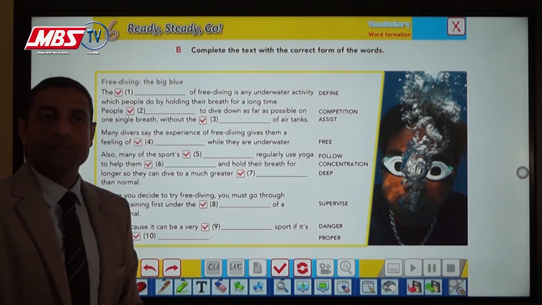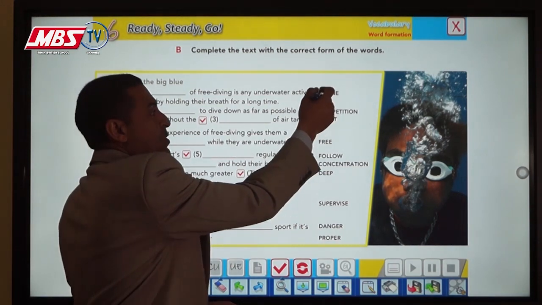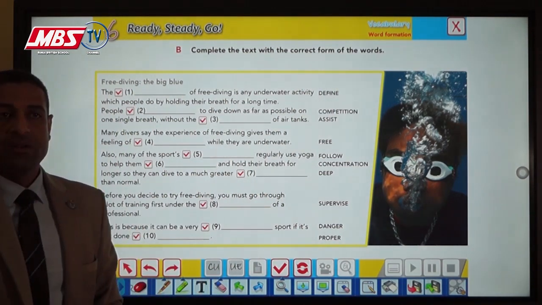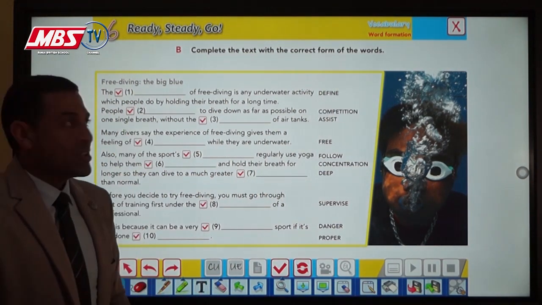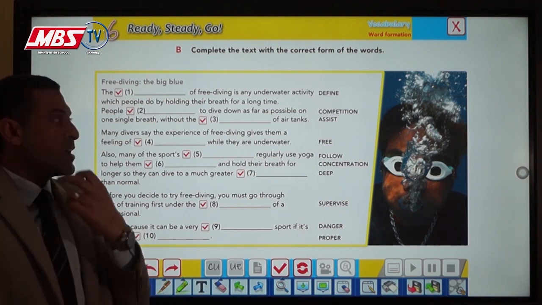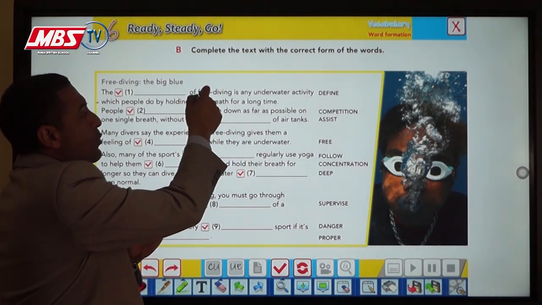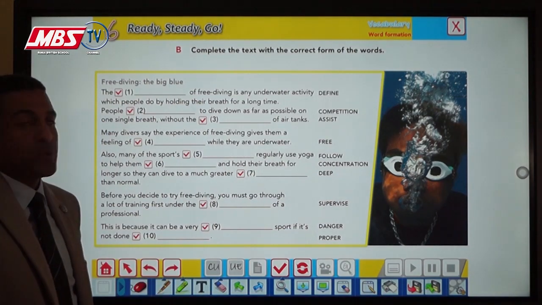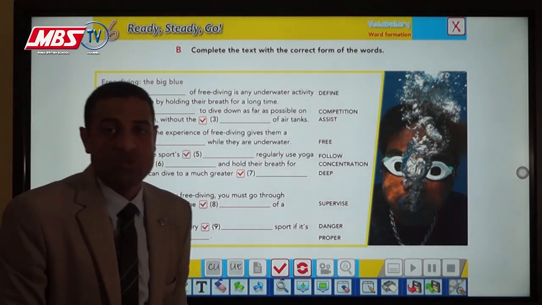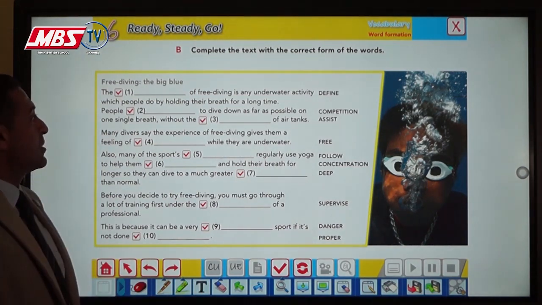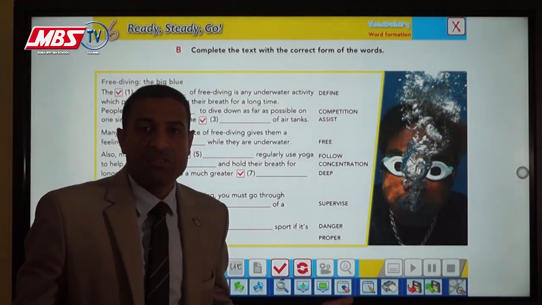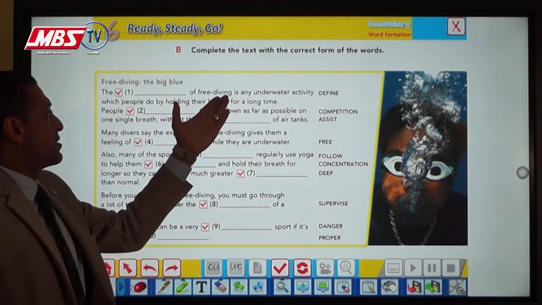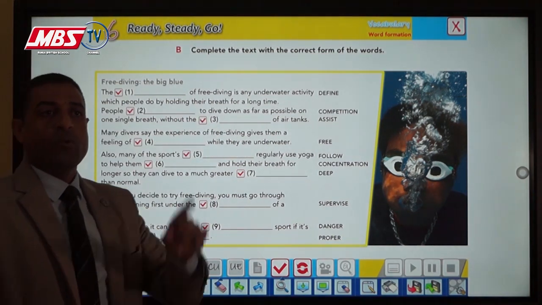What is missing in this sentence? Of course it's not a verb because this is the form of the verb. Is it an adjective? So I have to check. If it's an adjective, I have to find the noun here that this word is describing. I cannot find a noun to be described using this word. Is it an adverb? I don't think so, because it doesn't describe a verb.